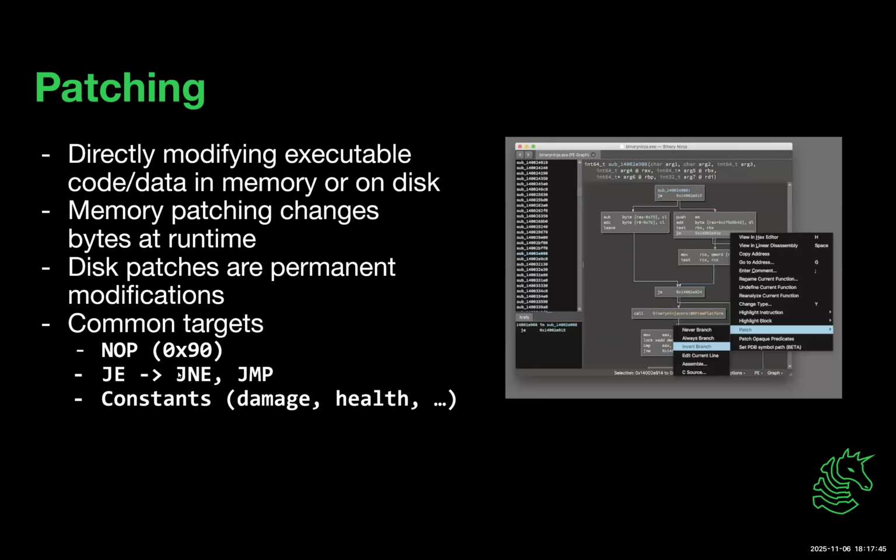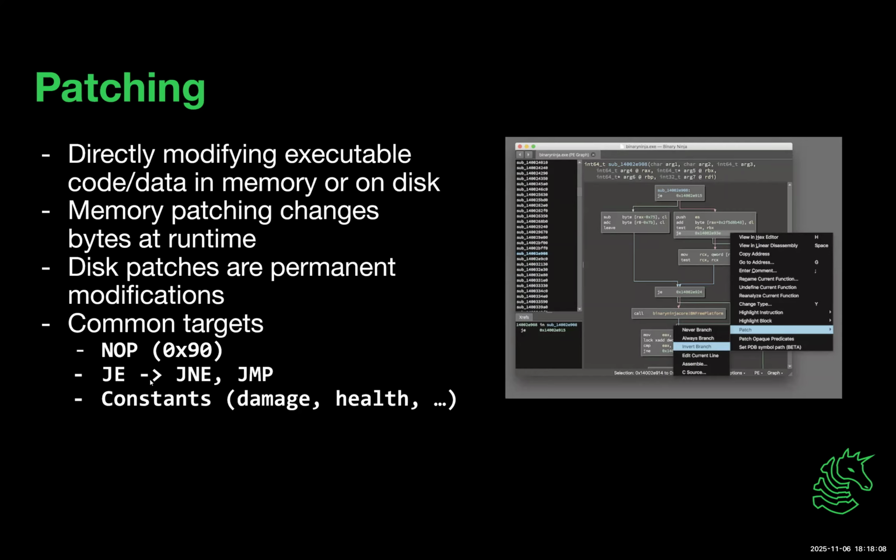So if you can imagine it this way, we can change a JE to a JNE, which means we can flip the behavior. If you had a program in C++, or even Java, like if 0 is equal to 0, that would return true, and that would be a jump equal branch, right? You would do whatever is inside of that if statement.